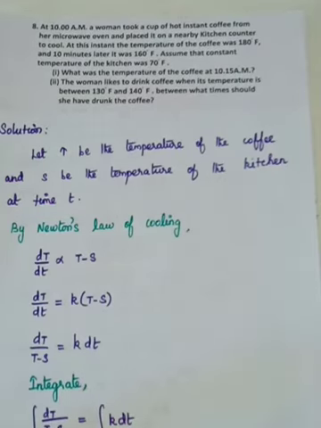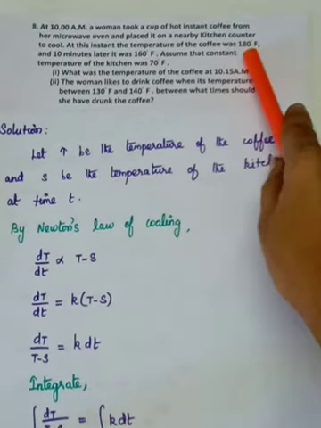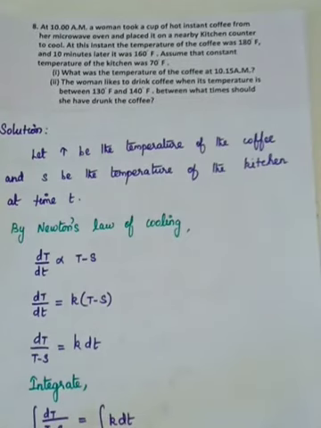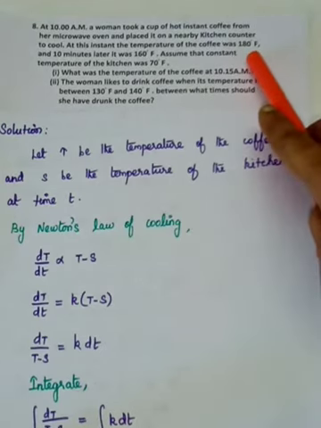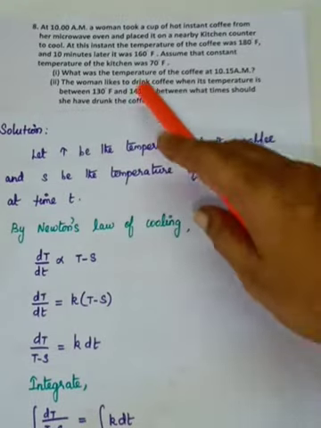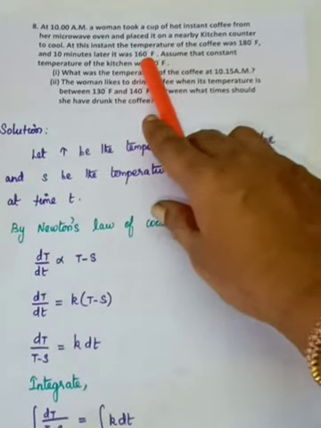At this instant, the temperature of the coffee was 180 degree Fahrenheit, and 10 minutes later it was 160 degree Fahrenheit. So when t is 0, that is 10 o'clock, the temperature of the coffee is 180 degree Fahrenheit. After 10 minutes, that is 10:10, it was 160 degree Fahrenheit.